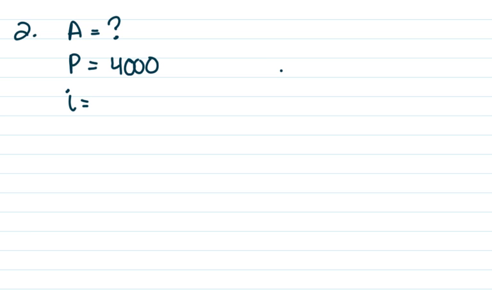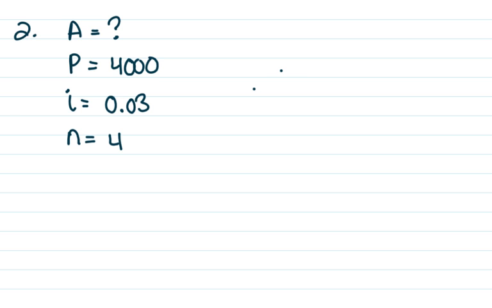The interest is 3% per annum, compounded annually. So first we'll write it as a decimal. It's compounded annually, so that's just once per year, so 0.03, that stays the same. And then the number of compounding periods, n, is 4 years and once per year, so just 4 compounding periods.